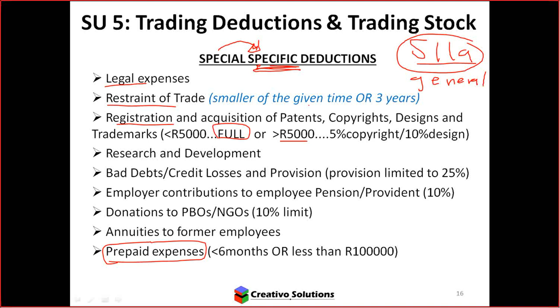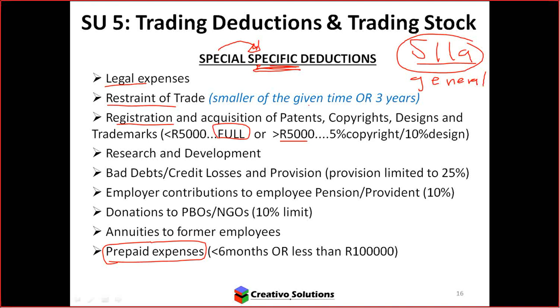And in the prepaid expenses, less than 6 months or less than 100,000, you can claim the full amount, even if it relates to a future period. Yes, sir. Right. So, don't you think prepaid expenses can be quite useful? Well, yeah, I think they could be actually, because you get to claim something this year that relates to next year. Yes, sir.